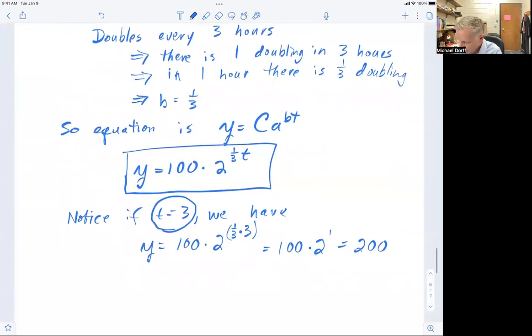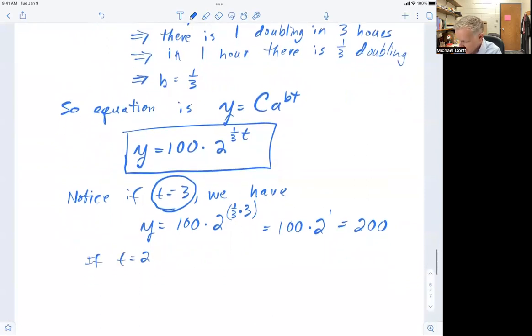But we can also solve that if t is 2 hours, then we get y equals 100 times 2 to the 1/3 times 2 power, which is 100 times 2 to the 2/3 power. And now I can use the calculator to figure out what 2 to the 2/3 power is, and multiply it by 100. 2 to the 2/3 is going to be somewhere between 1 and 2.